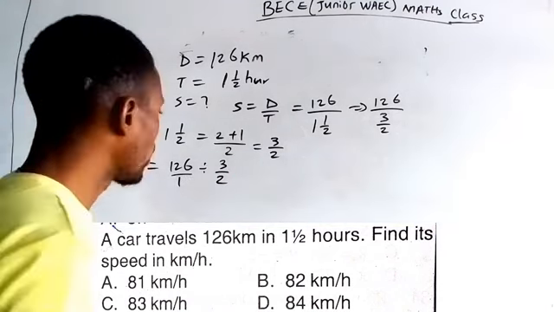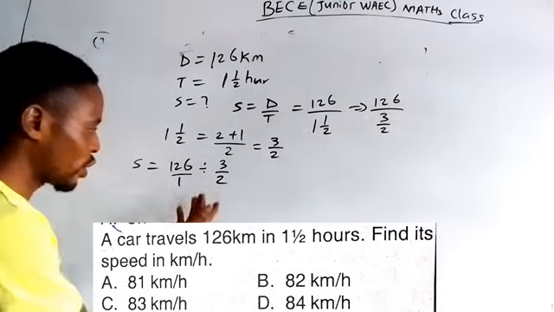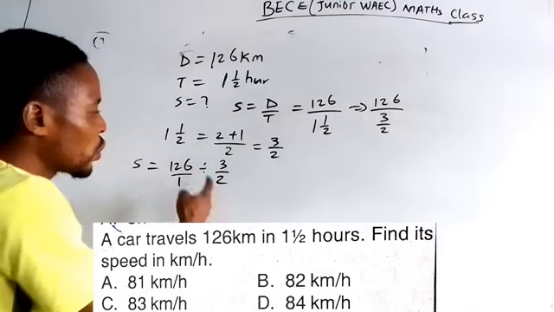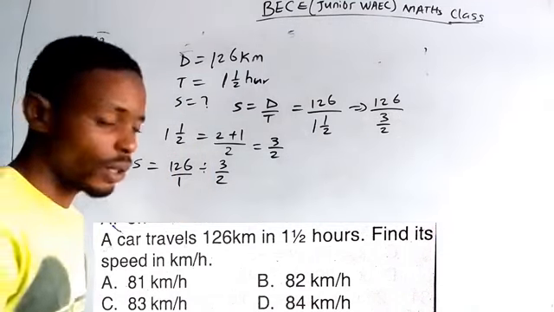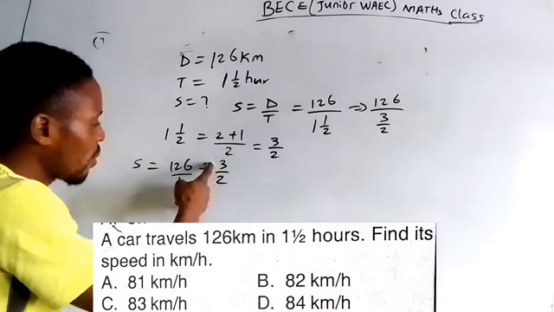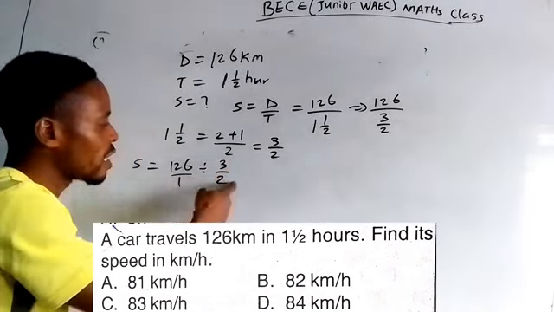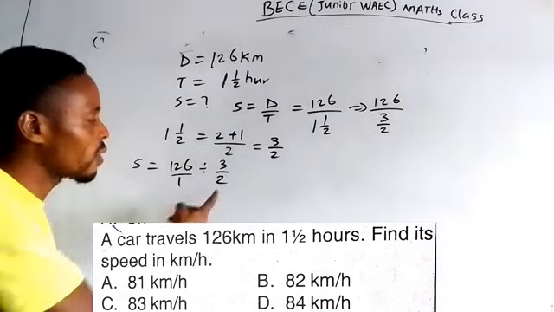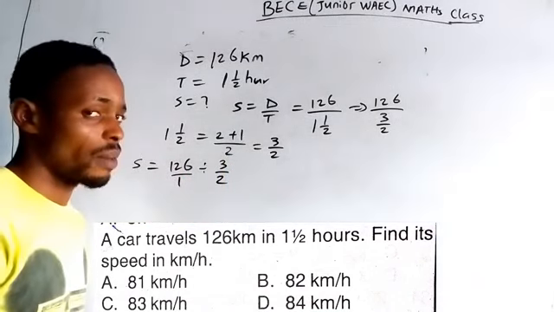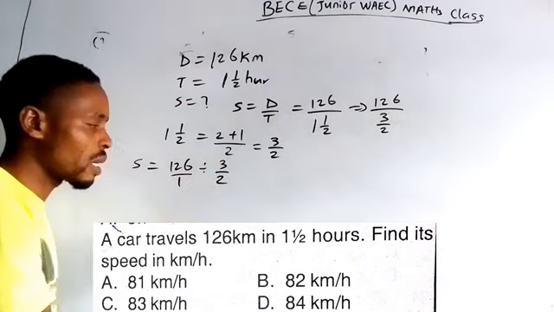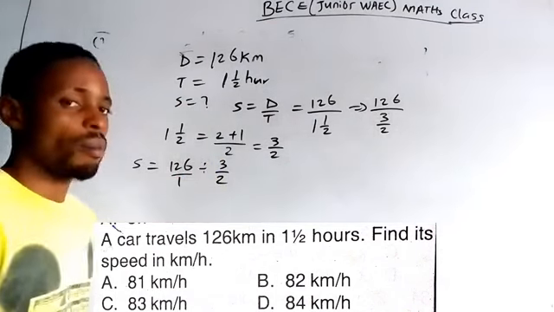Whenever we have two fractions separated by division, you change the division to multiplication. Why do you change the division to multiplication? It affects the second part, where we turn it to the reciprocal, or say the inverse, of the second term. It means that this 2 will go up and this 3 will come down, then this will change to multiplication.